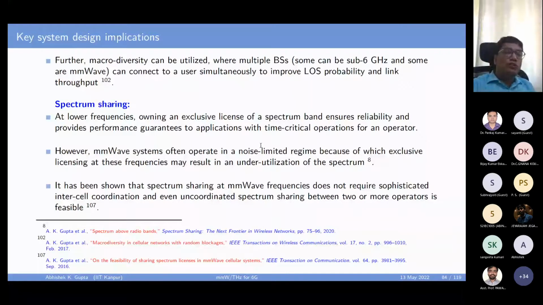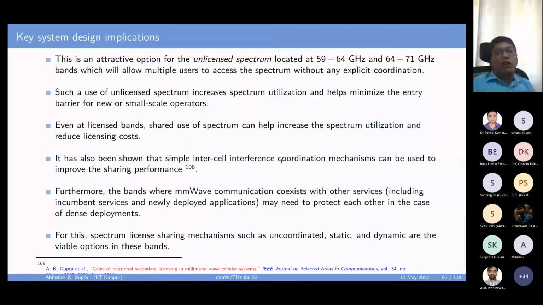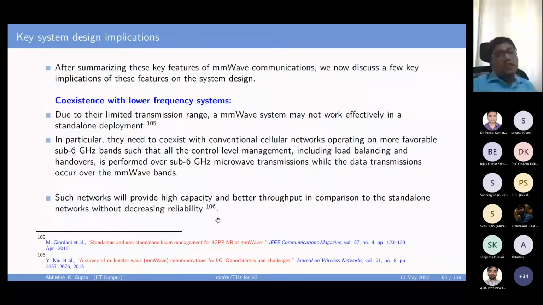You can of course do some coordination, which can help, but even without it, you should be able to use these networks. That's why the spectrum sharing mechanism in millimeter waves is an interesting area, and we can expect that the licensing in millimeter wave would be much more dynamic to allow such optimal utilization of the spectrum.